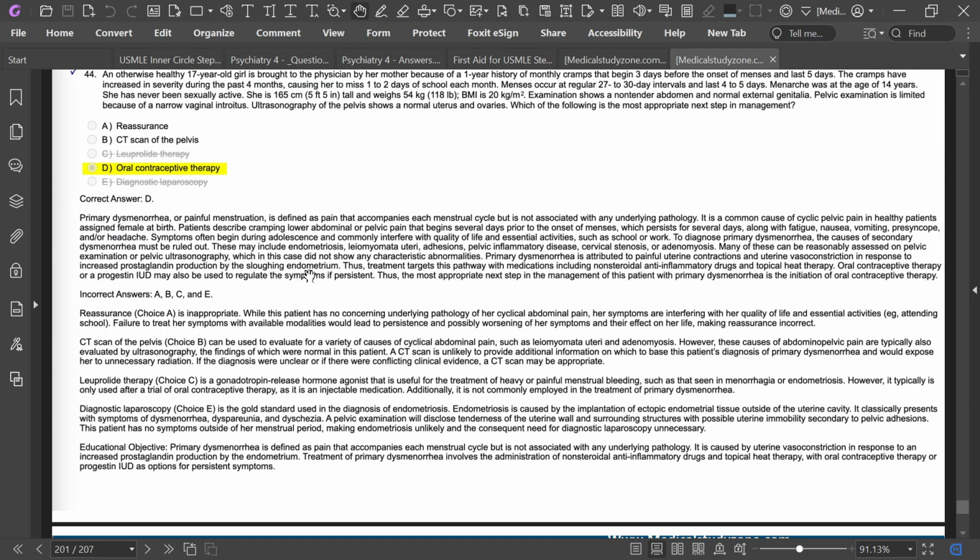CT scan of the pelvis. CT scan of the pelvis can be used to evaluate for a variety of the causes of cyclical abdominal pain such as leiomyoma uteri, adenomyosis.